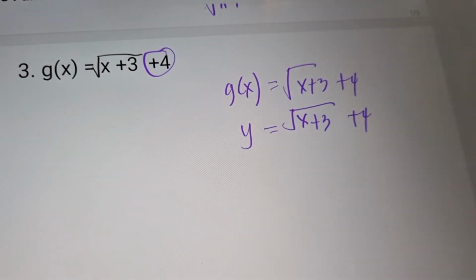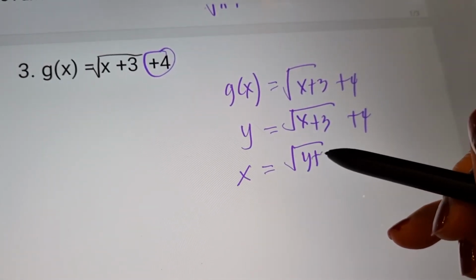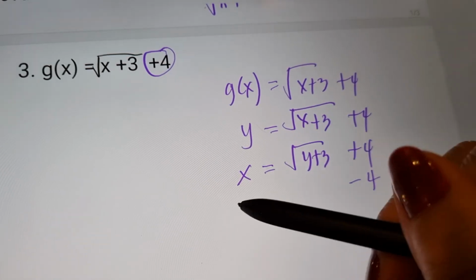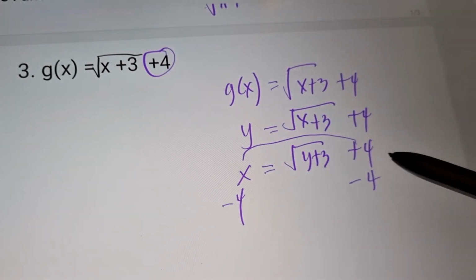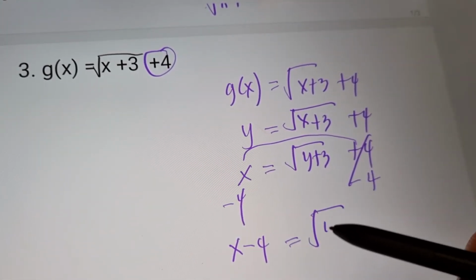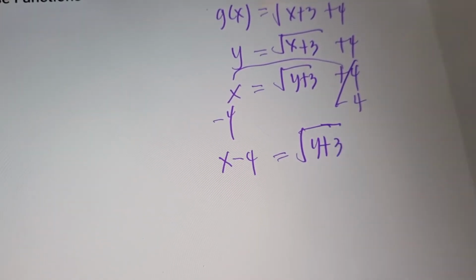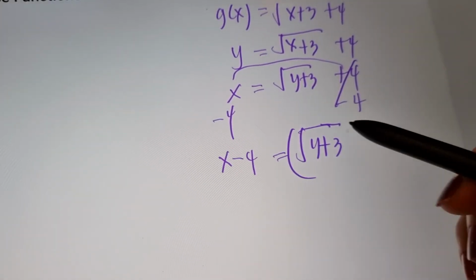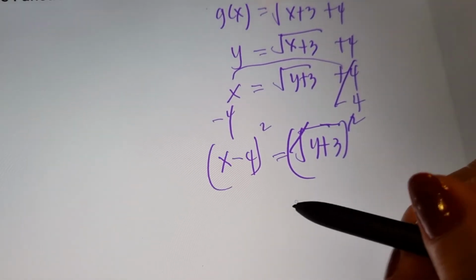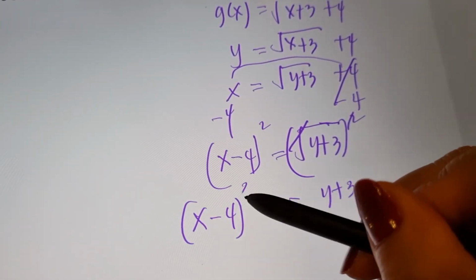Then change, this becomes x, this becomes y, and then plus 4. So we need to isolate y, so we need to transpose this to the other side. So x minus 4 here is equal to the square root of y plus 3. Now, how can we get rid of the radical sign here? We need to square both sides of the equation. This one will be cancelled. So what we have is y plus 3 on this side, and this is x minus 4 squared.